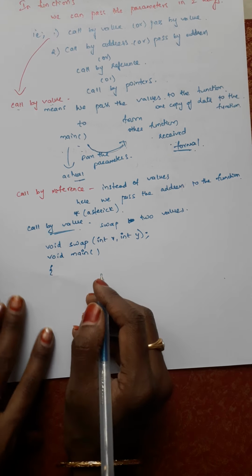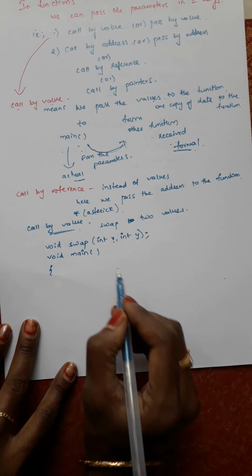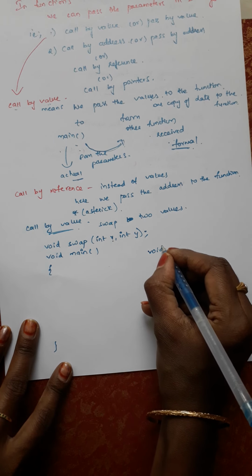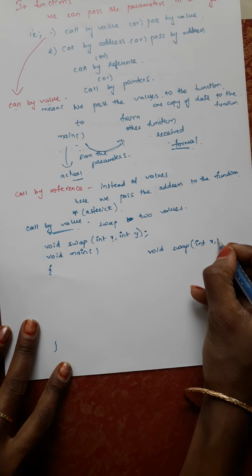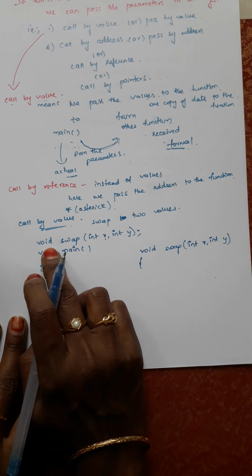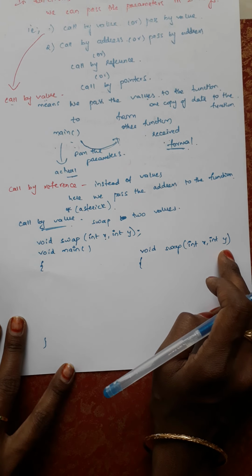To pass two parameters to the function, we must declare those variables also in the main. So what is the function here? Swap, int x, int y. Whatever you declared in the function declaration will match when we write the function definition also.